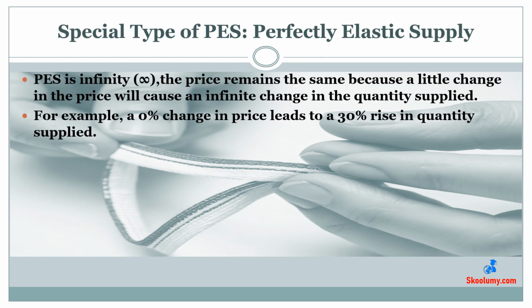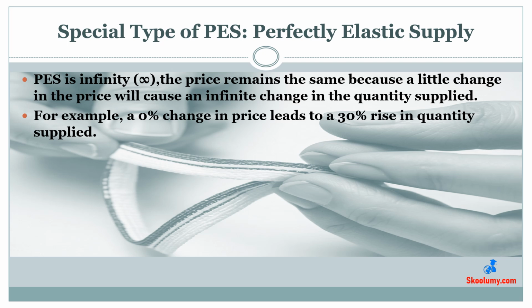The second special type of PES is perfectly elastic supply. For this type, the price remains the same, because a little change in the price will cause an infinite change in the quantity supplied. For example, a 0% change in price leads to a 30% rise in quantity supplied. PES is 30% divided by 0%, which is infinity.